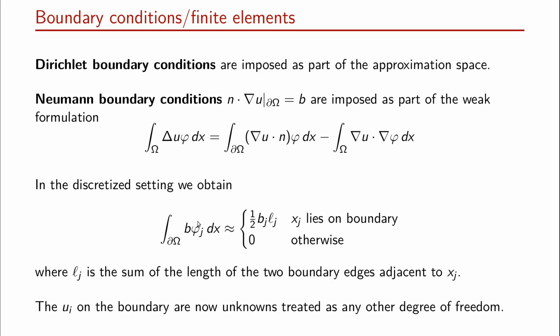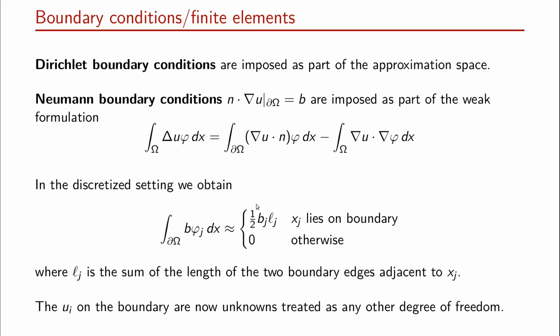The other thing I really should mention here, this only applies if the point j lies on the boundary. Otherwise, this contribution is just 0. So in the interior of the domain, there is no contribution from this term, but on the boundary, you get some contributions, and this is really what we expect.